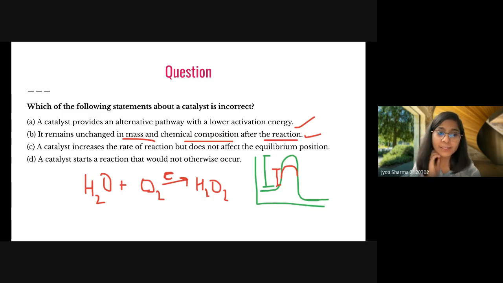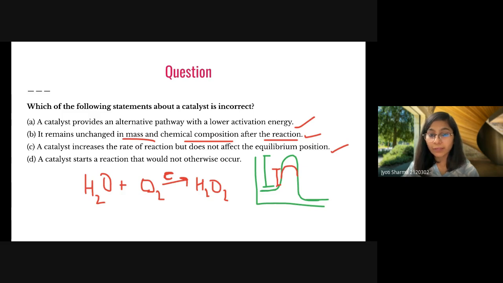And then the next is, a catalyst increases the rate of reaction but does not affect the chemical equilibrium position. This is again right, because we have already talked about this. The work of the catalyst is that it will increase the rate of the reaction but does not affect the equilibrium position.